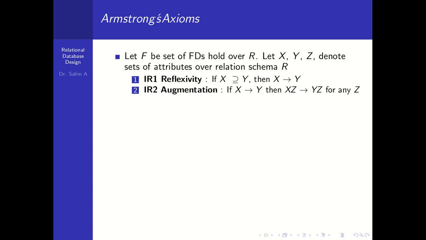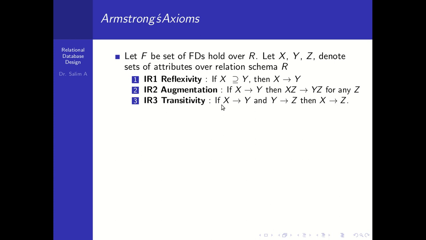The second rule is known as augmentation. If you have an FD X determines Y, then XZ determines YZ for any Z. That is augmentation. Given an FD, you can add one more attribute or a subset of the attribute set, so that XZ determines YZ. The third inference rule is transitivity.